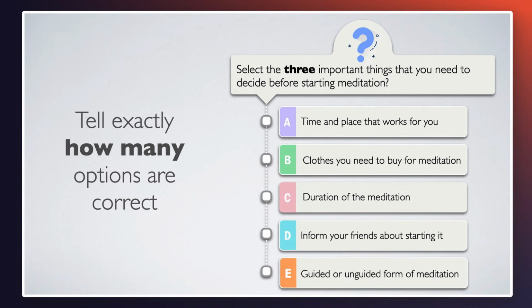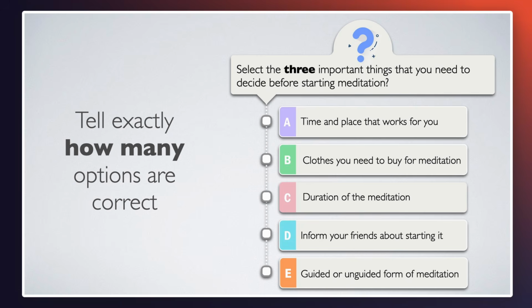Okay, let's move on. This is a very important one for me, and something that I recently started following, in the last 5 to 10 years. Before that, I did not know this, and I used to just write questions by saying select all that apply or select all the correct options.